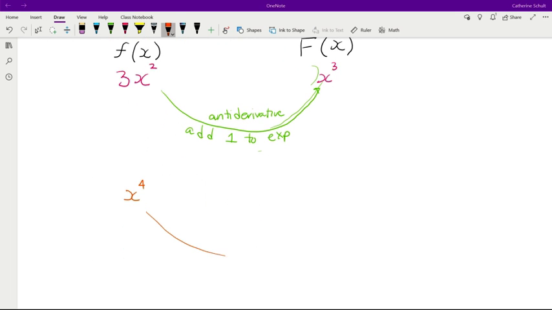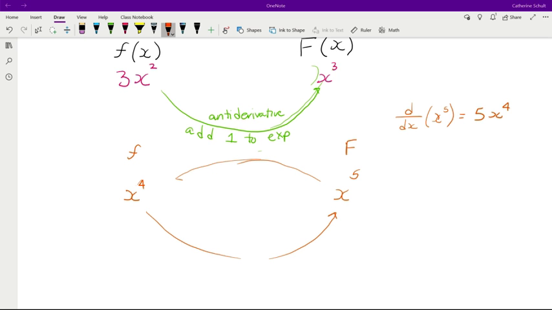So going in this direction, we know we have to add 1 to the exponent. We start with x to the 5th. So we have the exponent correct. Now, when we take the derivative, we bring the exponent down and then subtract 1. If we were to take the derivative of x to the 5th right now, it would be 5x to the 4th.